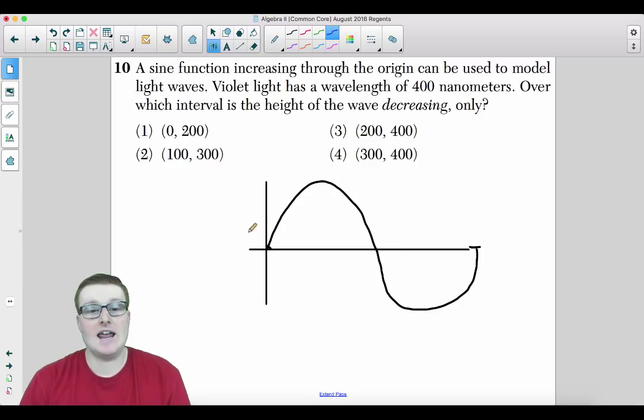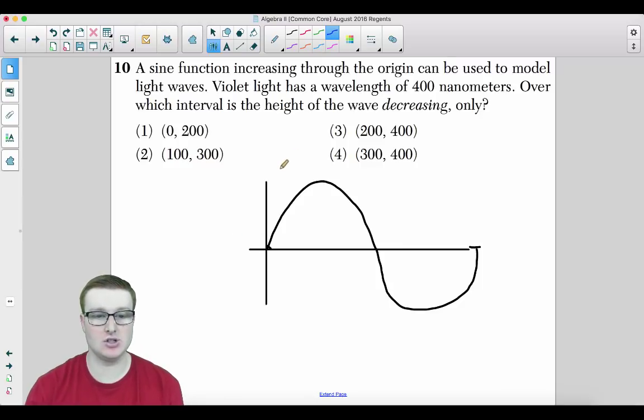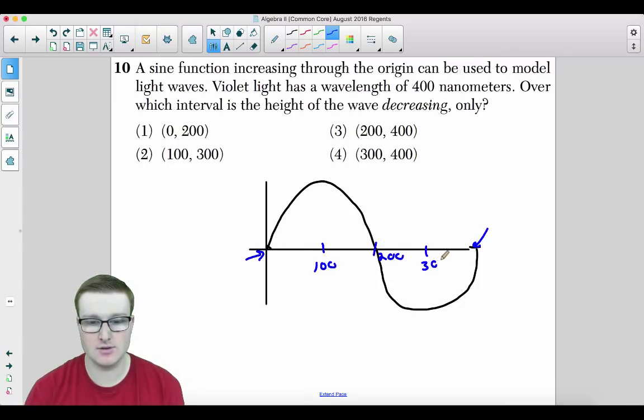So, it has a wavelength of 400 nanometers. A wavelength is from the starting to the stopping. So, this whole thing is 400. Now, what's nice is 400 is a nice even number. We could actually split this as 100, 200, 300, 400.